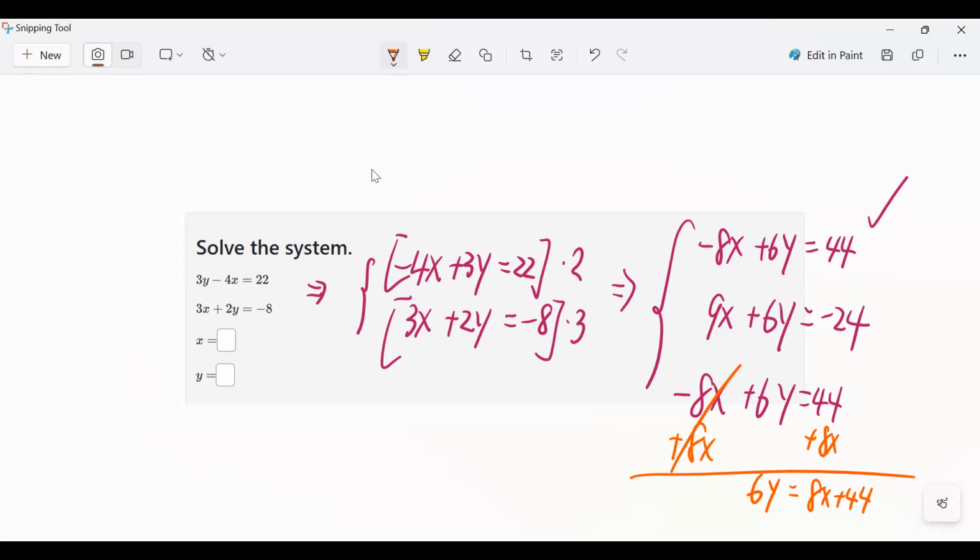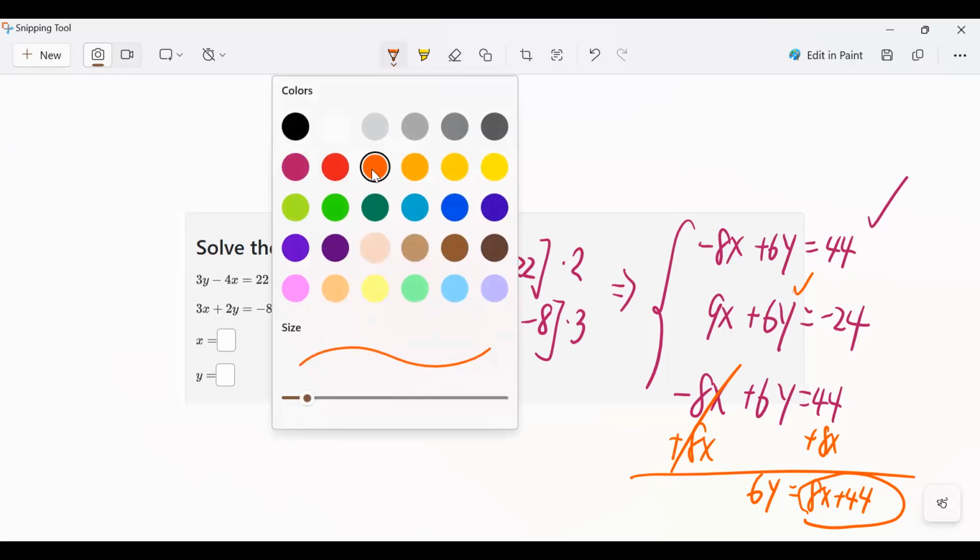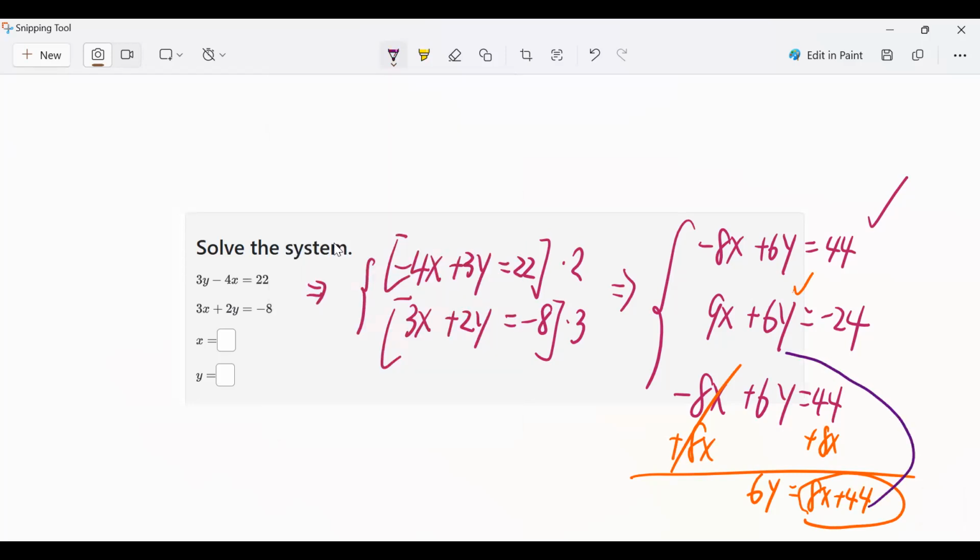Now, the second equation also has 6y here. So now you're going to replace the 6y in the second equation with this. The whole 6y becomes 8x plus 44. So going back to the second equation, now we have 9x plus 8x plus 44 equal negative 24.